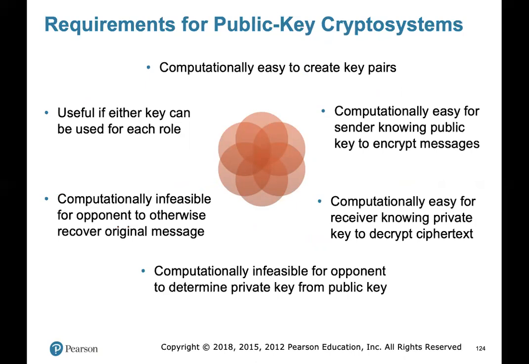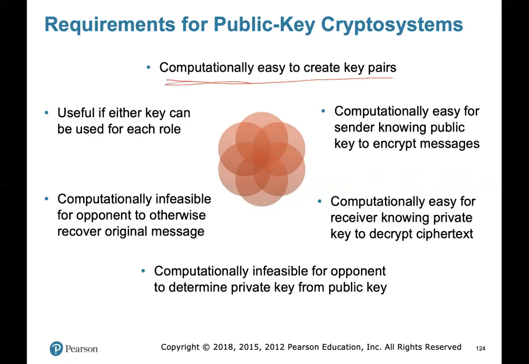But before that, I'm going to give you some basics on the requirements or features that you would like to see in asymmetric or public key encryption. First of all, we would like to develop algorithms in which generating keys is not very complicated. So key generation should be computationally easy.